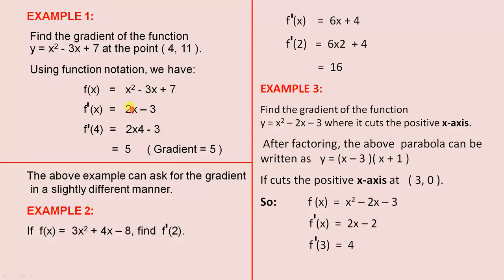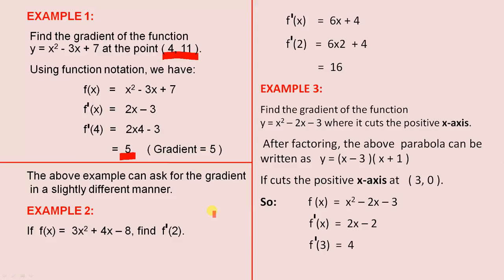Therefore f'(4) equals 2 times 4 minus 3, which is 8 minus 3, which is 5. So the gradient at the point (4, 11) of that function is 5.